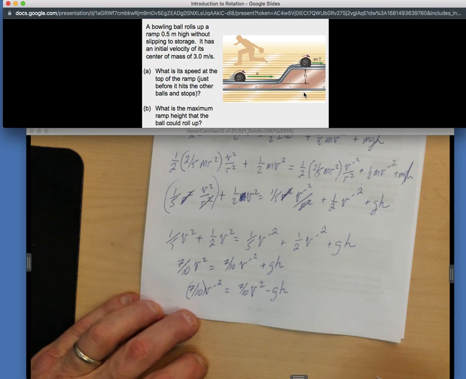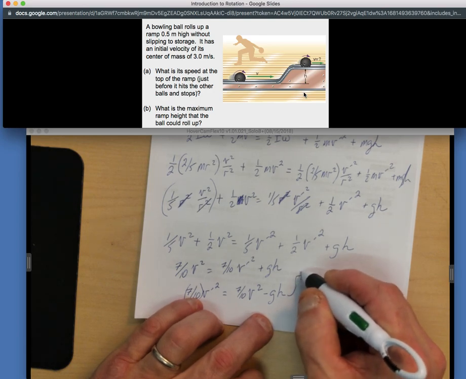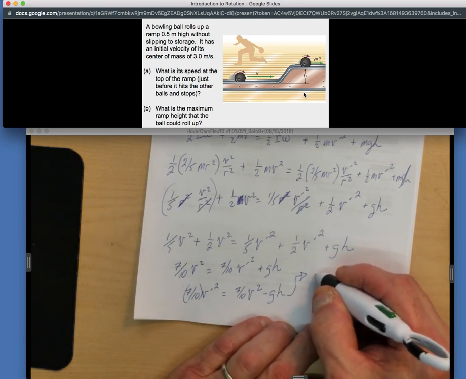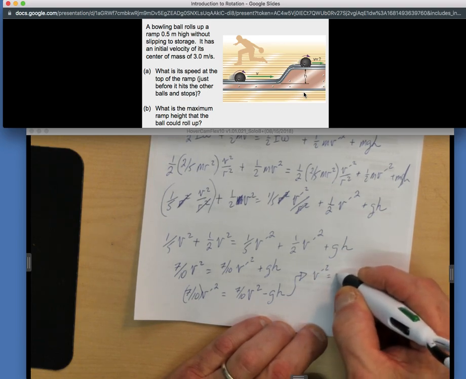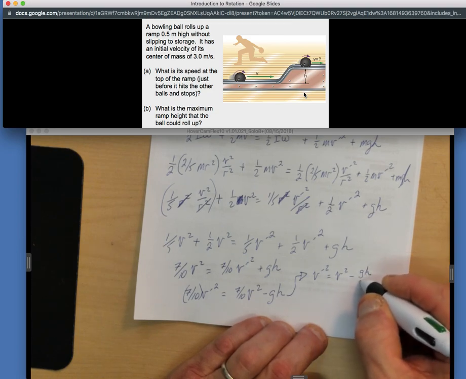Okay. So let us do this. Let's divide both sides by 7/10. I'm going to go up here with it. Let's divide both sides by 7/10. Okay, so that way I get v prime squared equals v squared minus g times h over 7/10.